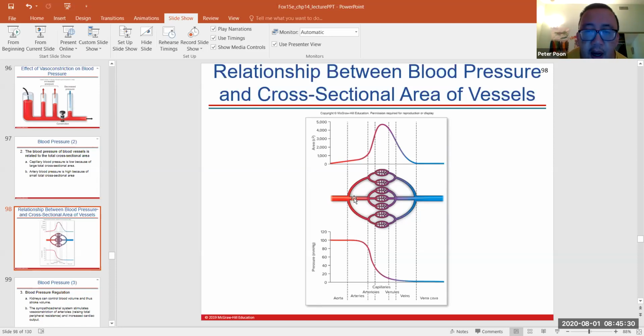Most of the area of the blood vessels is actually in the capillaries, and therefore you see the blood pressure drop dramatically when it comes to the capillaries. And then it goes to the veins.